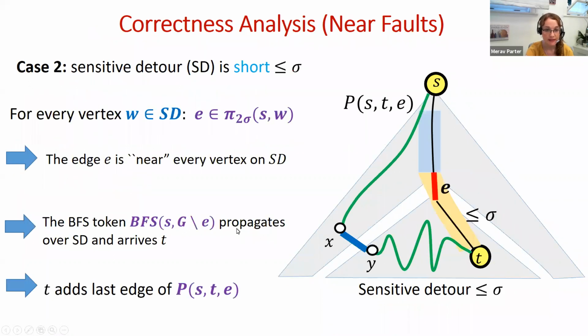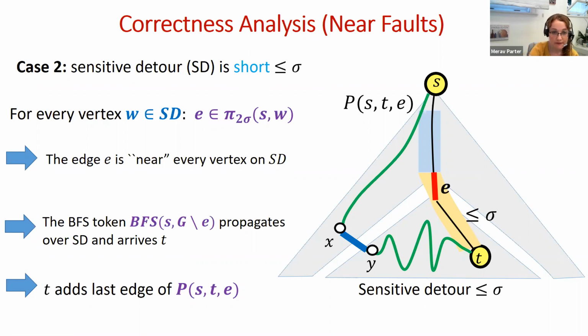The most interesting case is the second case where actually this sensitive detour is short. This is the only point where we are actually going to use the fact that we compute a truncated collection of BFS trees, okay?